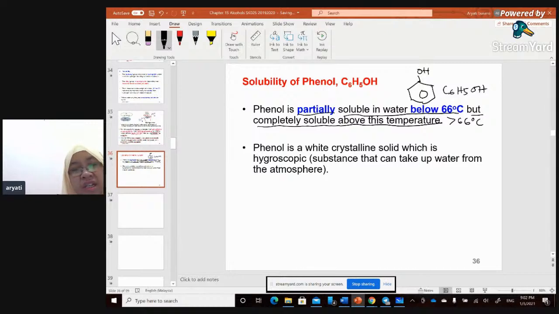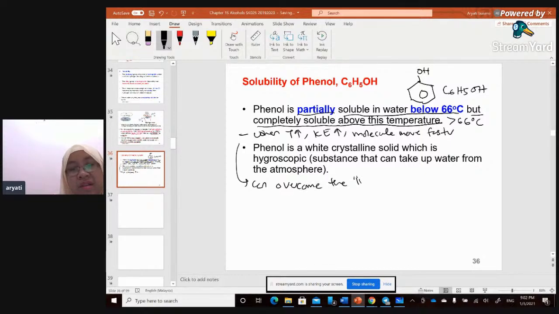So ini ada relate dengan when temperature increase, kinetic energy increase, molecule move faster, so dia can overcome the intermolecular attractive forces between the molecules.